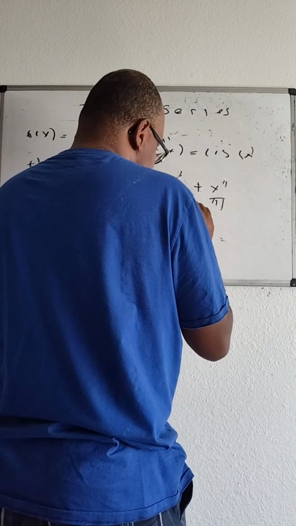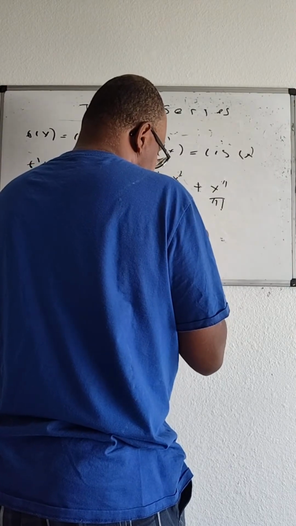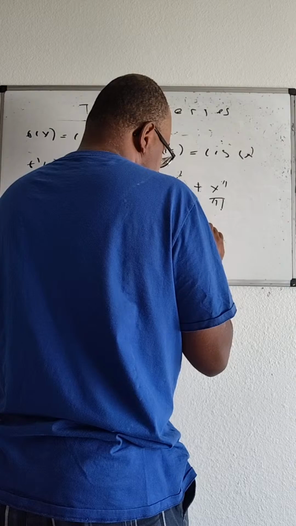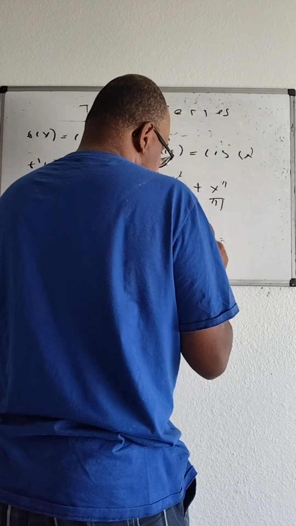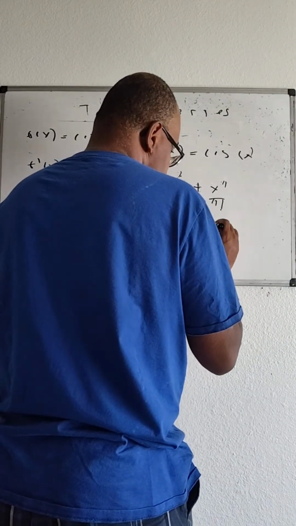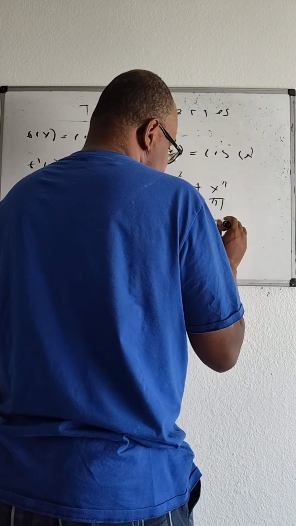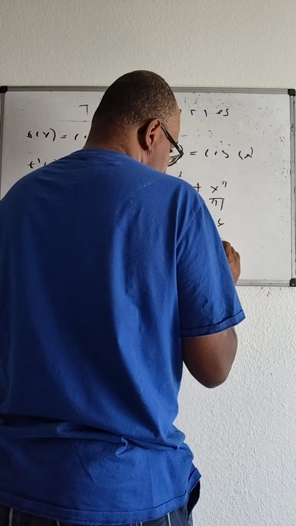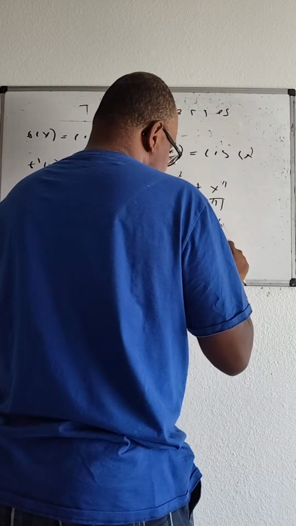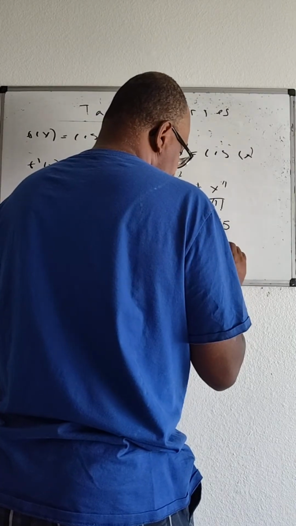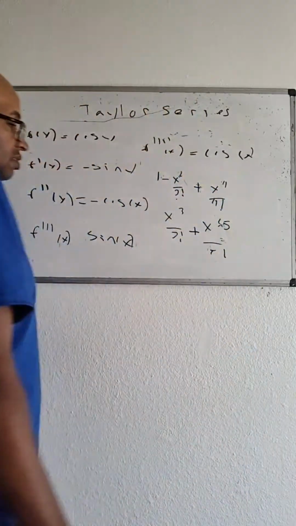We're going to do x to the 6. Now we want odd powers, so x cubed, x to the 5th. So that's the same idea.